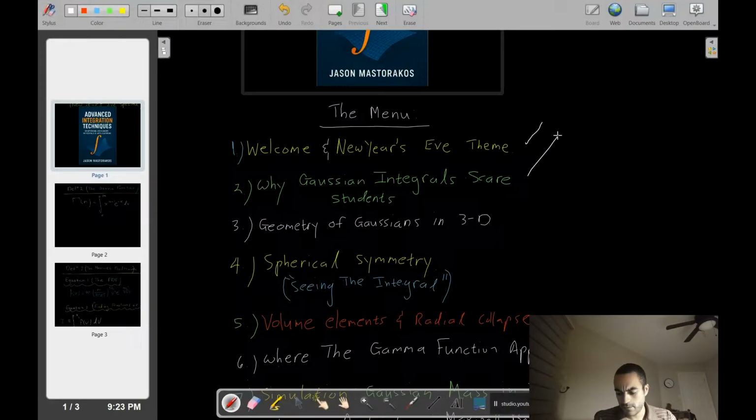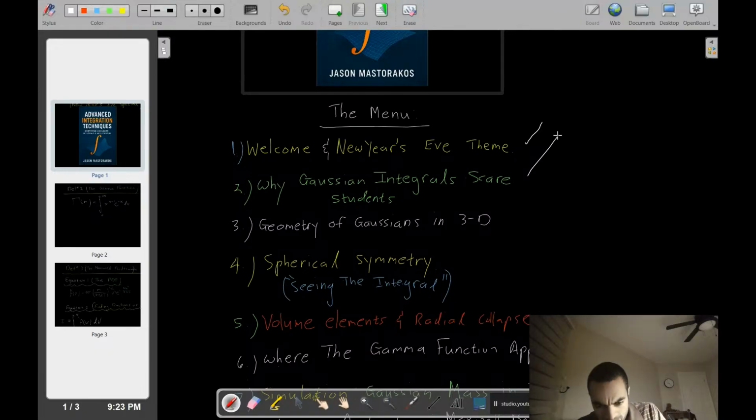Okay, we're going to look at the geometry of Gaussians in 3D. Yes, you may be thinking we just discussed that. No, we did not. We're getting much deeper into it. I'm getting into the skeleton of the conceptualization when it comes to the geometry and critical thinking aspect of Gaussian integrals. So let's look into that more deeply.